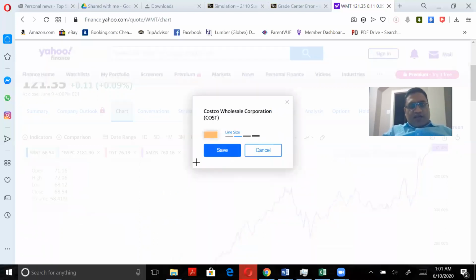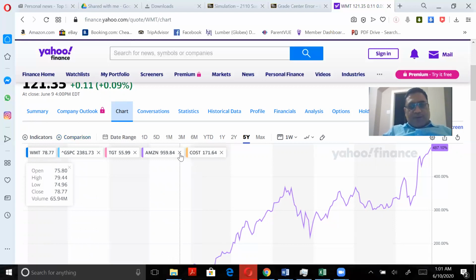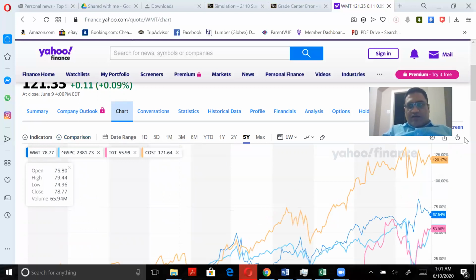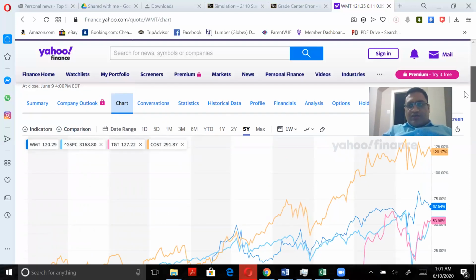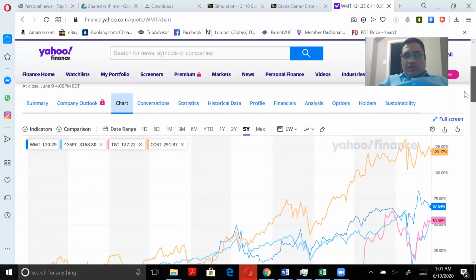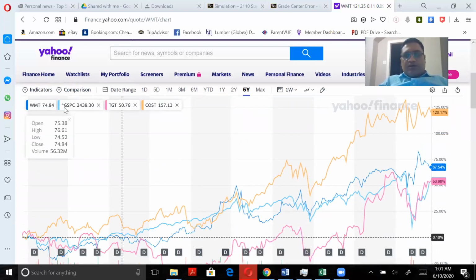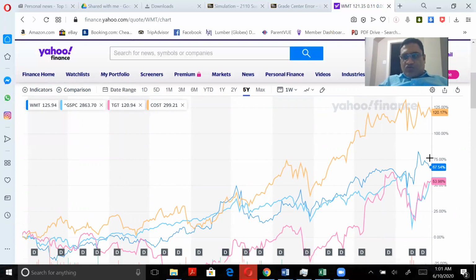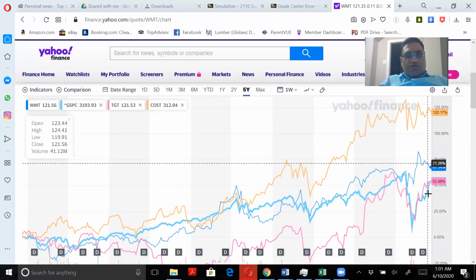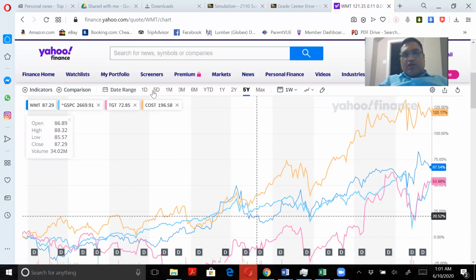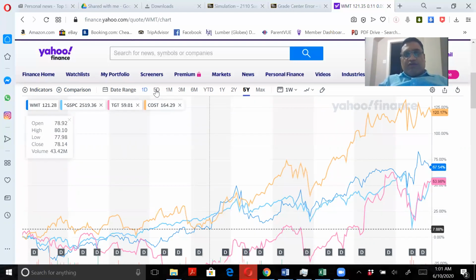So I'm just going to take out Amazon from this, just so that we have some kind of comparison over here. And as you can see, Walmart is this one right here. And by the way, do not include like a 1 day chart or 5 day chart.